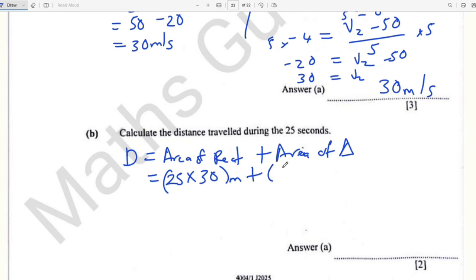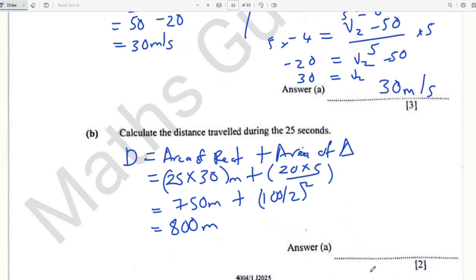So those will be the two areas, so that you can put your working when you are showing working. Remember that you must always show working. If you do not show working, you may lose part marks, because some answers are dependent on the working. If you don't show working, you lose. So 750 meters plus 50 meters equals to 800 meters.